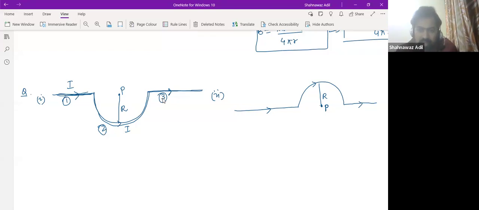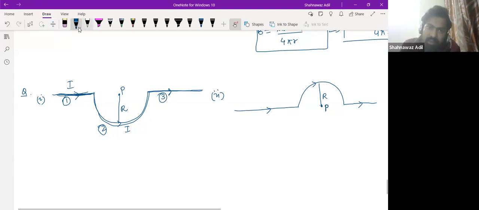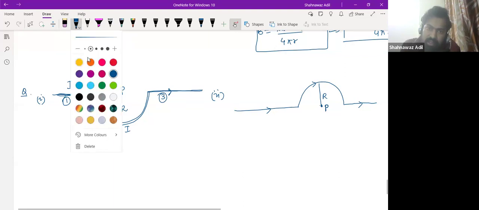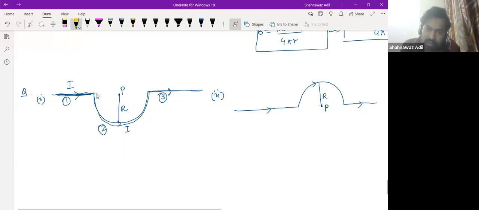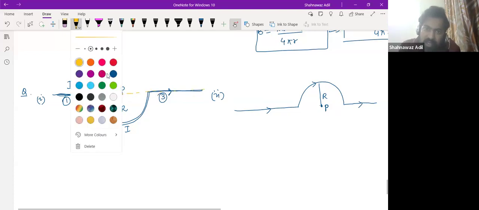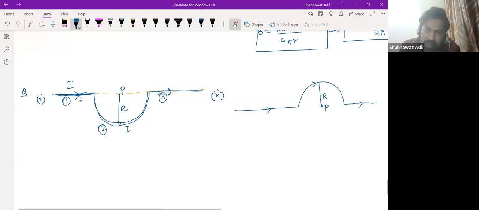Right, Ursula? Okay, so this is a straight wire, and this is the line of that straight wire. And we are calculating the magnetic field due to this straight wire at this point along the line. So P1 would be how much?